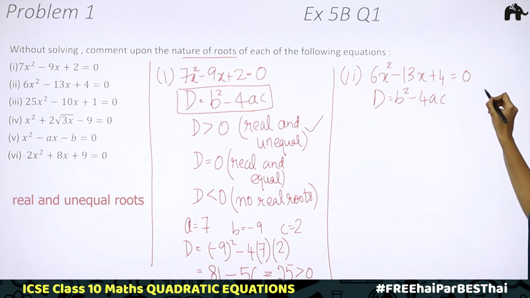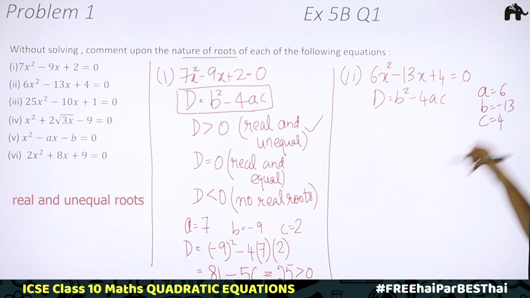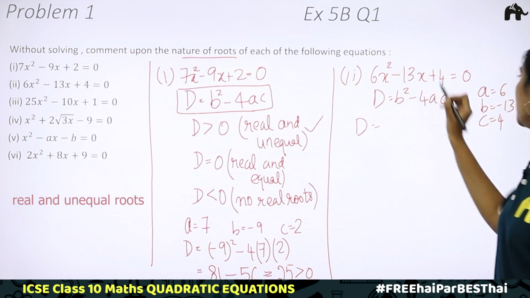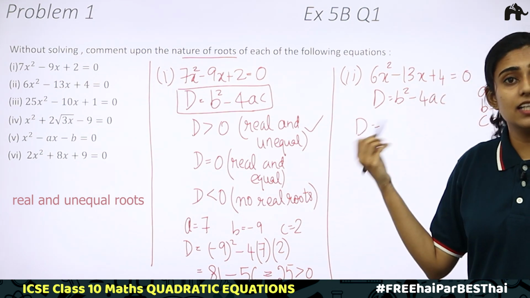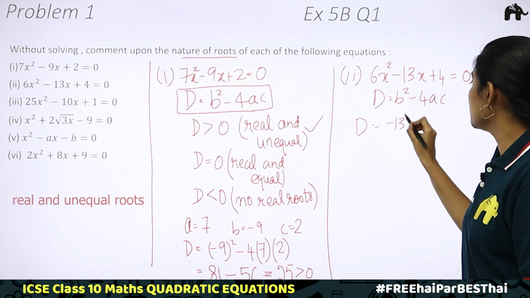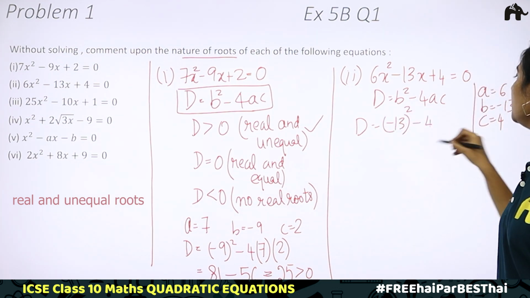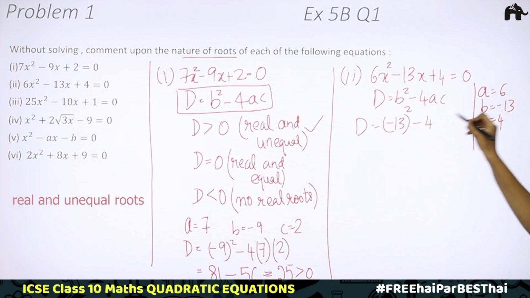Here A is equal to 6, B is equal to minus 13 and C is equal to 4. Now substitute the values. Discriminant D is equal to B square, minus 13 square, minus 4 into A into C. A is equal to 6. C is equal to 4.